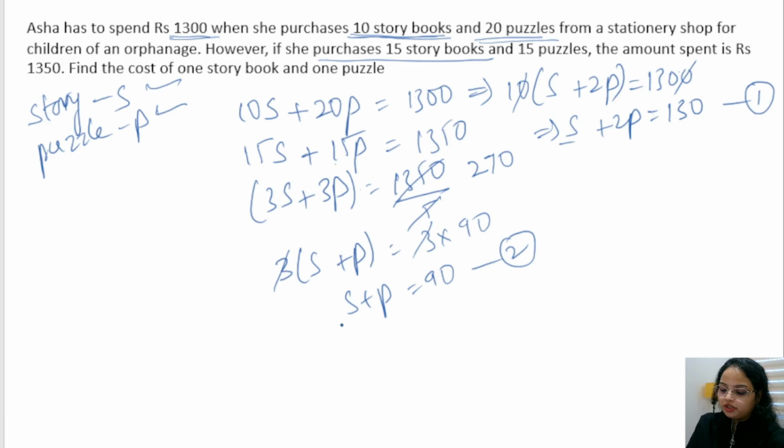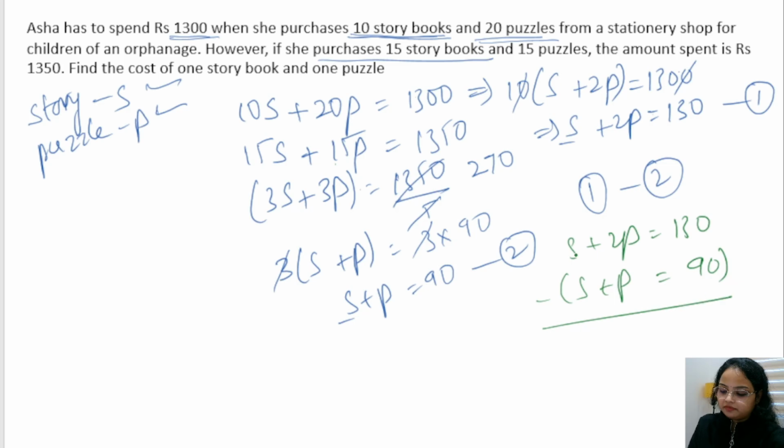So here the coefficient of S is the same in the two equations. We will just subtract these two equations. We'll get S + 2P = 130 minus S + P = 90. S and S will be cancelled. 2P minus P is P, equal to 130 minus 90, which is 40.